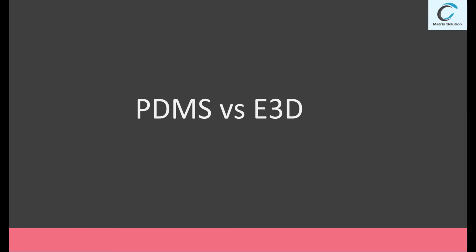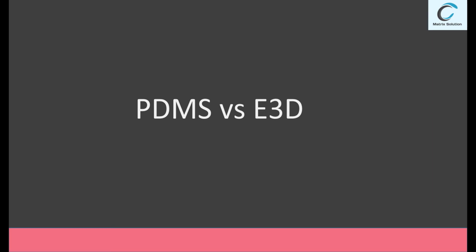In this, if we are talking about differences between PDMS and E3D, in terms of database, if you are using PDMS 12.1, so 12.1 SP4 and fixed number 28 onwards, the database is the same for PDMS and E3D.